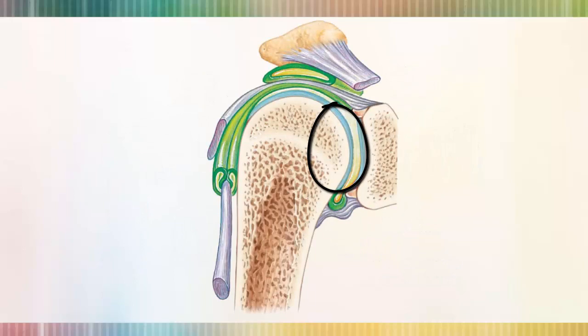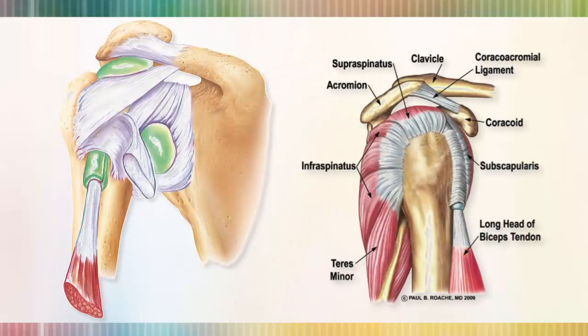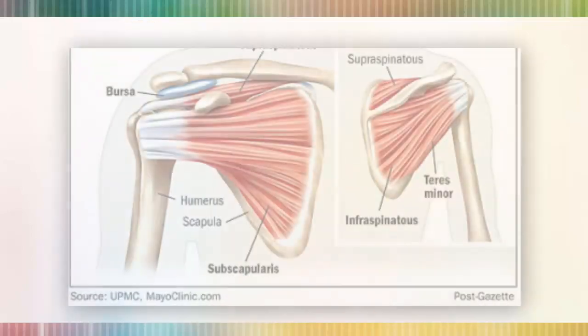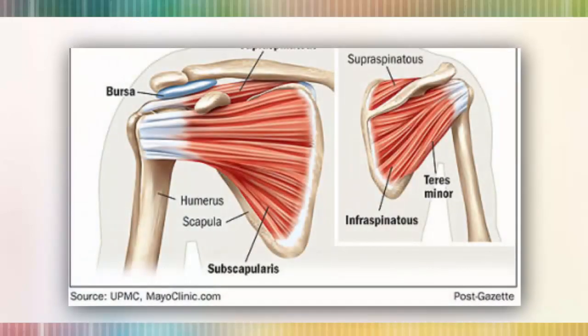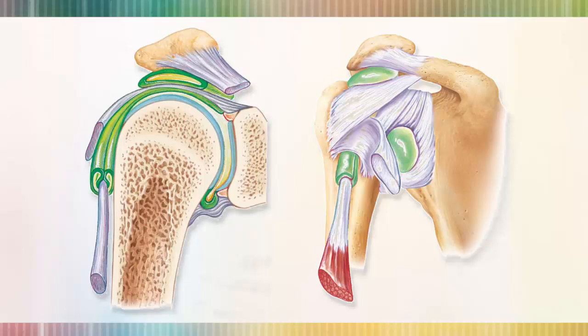To make up for this lack of stability of these joint surfaces, the glenohumeral joint has an elaborate array of soft tissues that form a cuff around the joint, giving more stability. Still, the shoulder is the number one joint to dislocate. Now let us look at some of the structures of the shoulder joint that I've asked you to learn about.